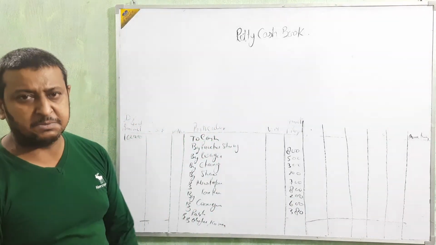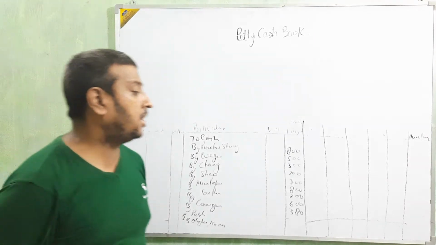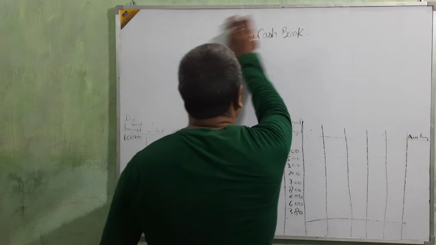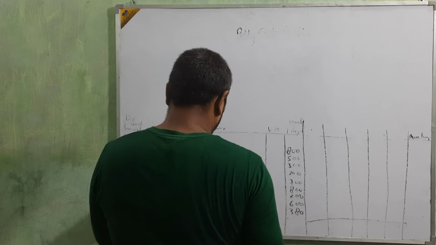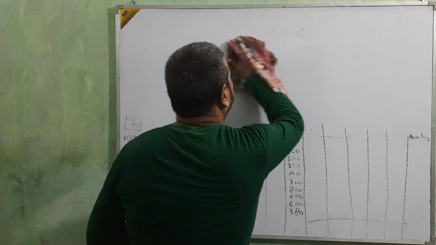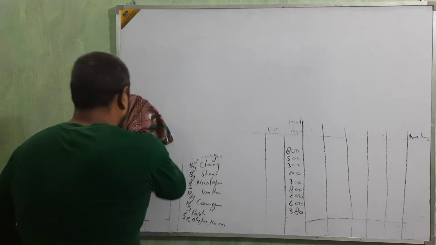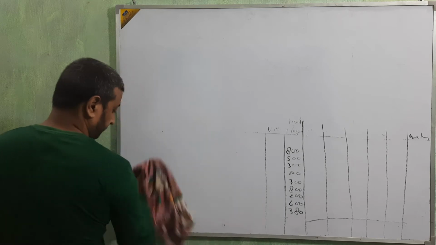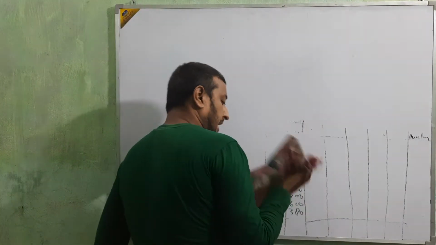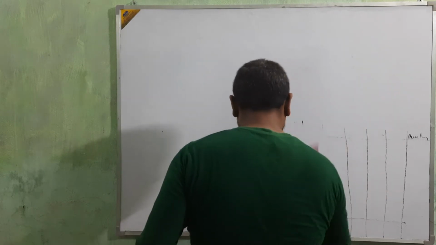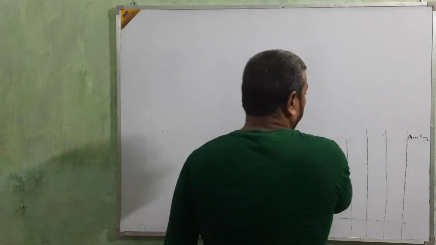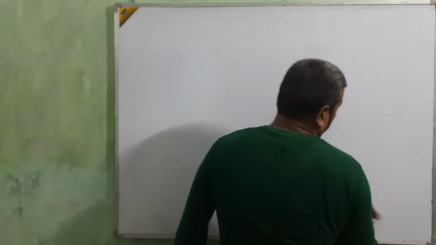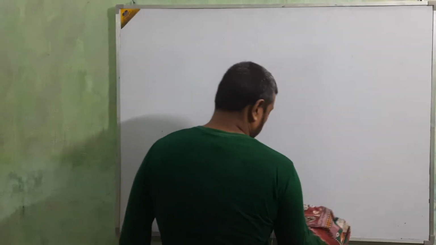Now, is the petty cash book clear or not? Clear, beta? Now I am going to take one more topic, another topic, that is subsidiary book. Okay beta, subsidiary book. This subsidiary book we can use in our accounting for writing all transactions in different types of books, because in every business many types of transactions come.